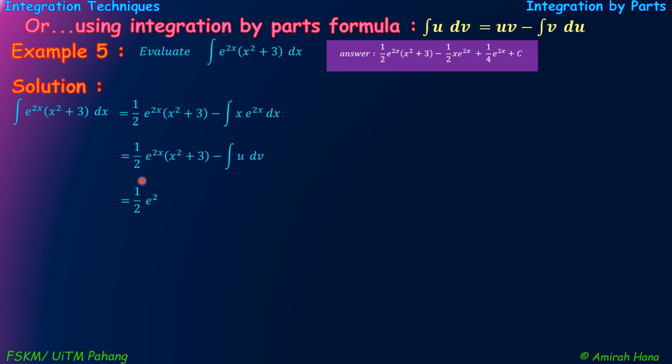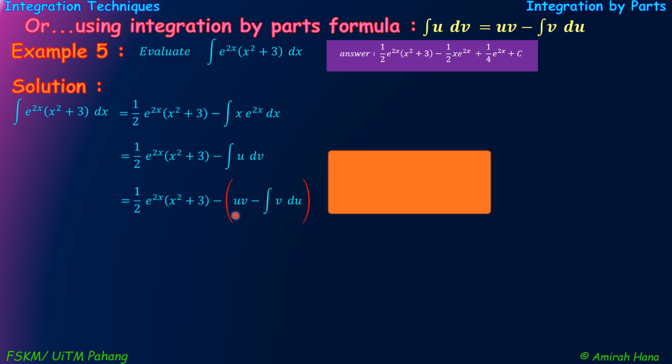And then half e to x squared plus 3 minus, from the integration by parts formula, the integration of u dv equals uv minus the integration of v du. And since we have a negative sign here, to avoid error, we must put a bracket.